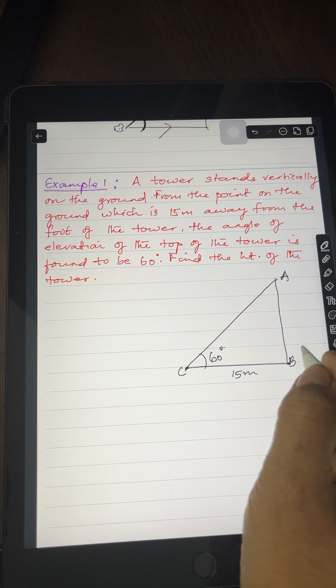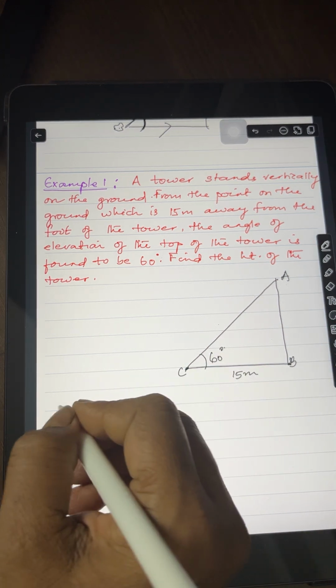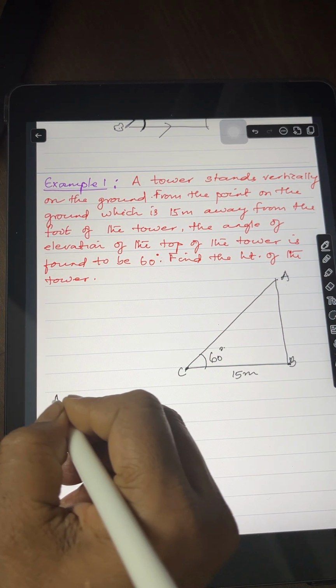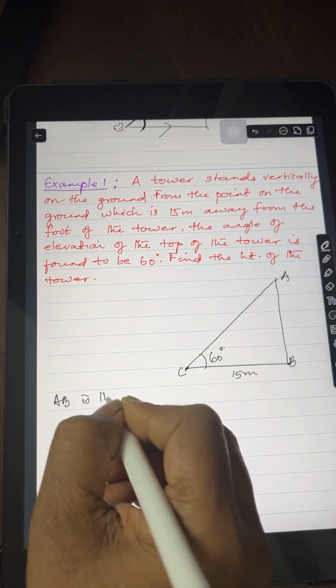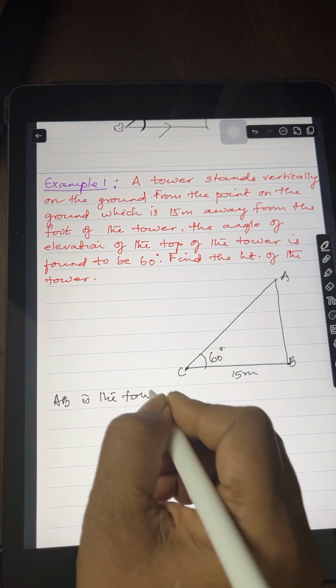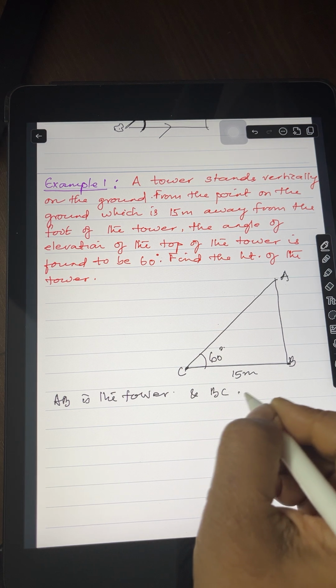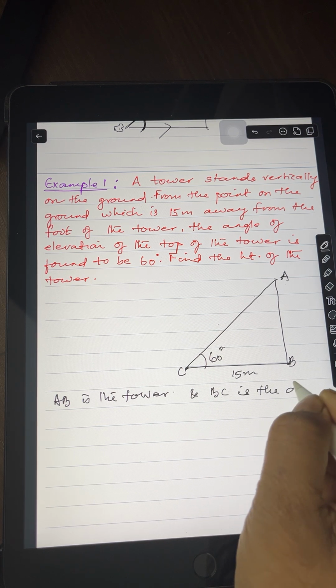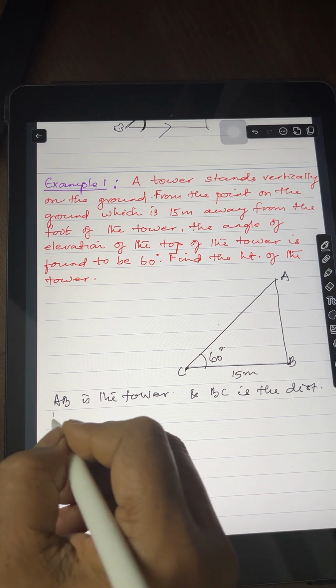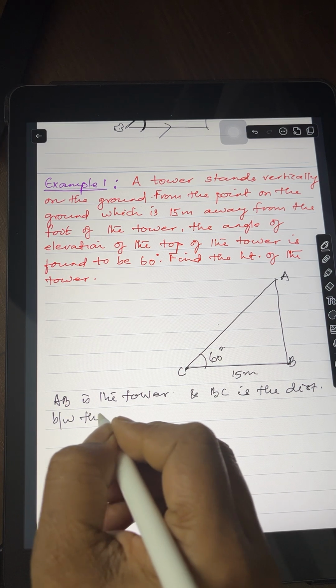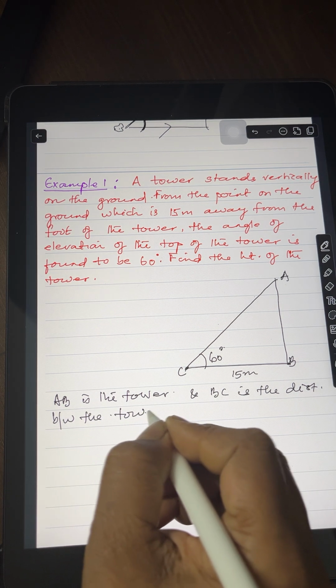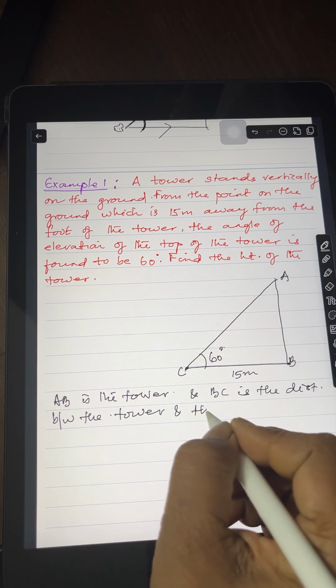It is a right angle triangle. You can write here AB is the tower and BC is the distance between the tower and the point.